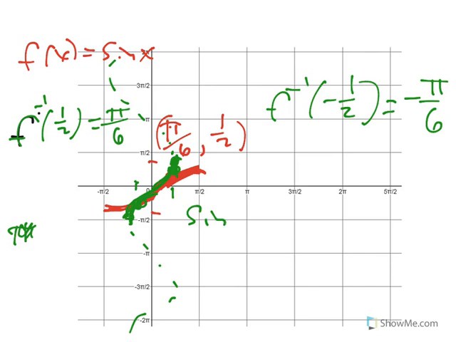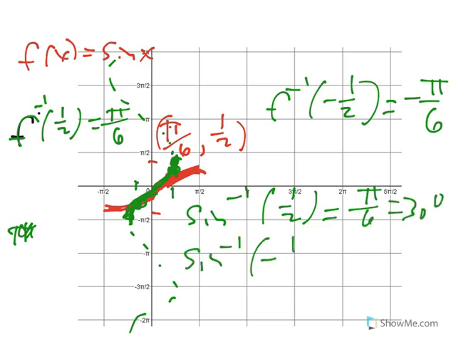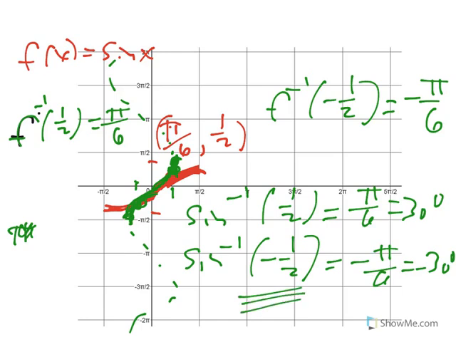You say sine inverse of 1/2 has one answer, which is just 30 degrees. But sine inverse of negative 1/2 is going to be negative 30 degrees. So you take sine inverse of a negative number, you're going to get an angle between negative 90 and 90. We say that the domain of sine inverse is negative 90 or negative pi over 2, if you like.